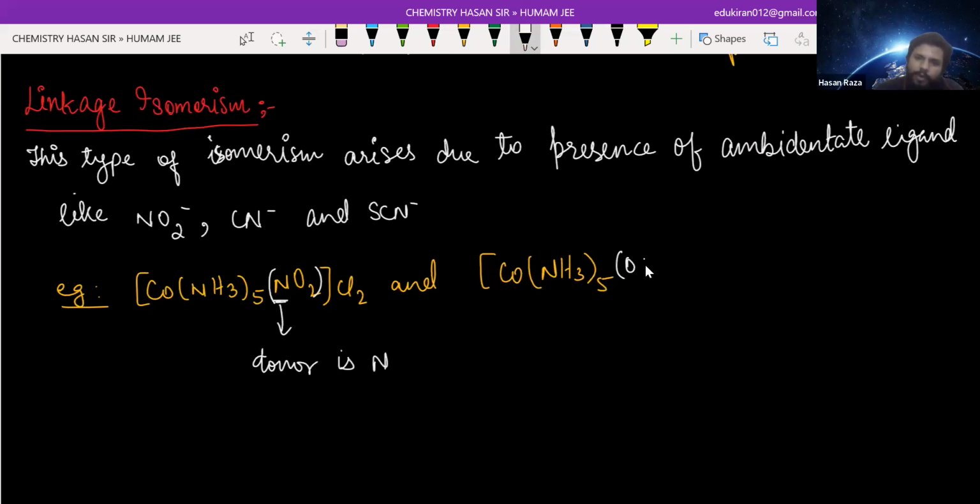Now what am I going to write? ONO. Now here the donor is oxygen. Are you getting my point? Yes, sir. So write it please. In the same way, there can be CN minus and SCN minus as well.